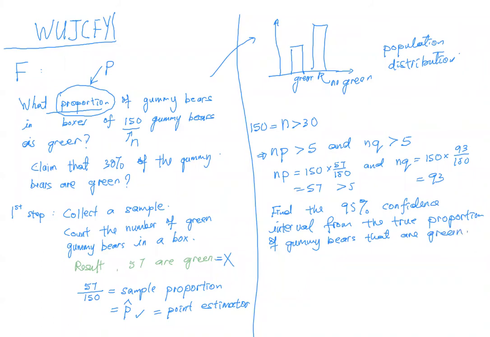We go to our calculator. I try not to give you the formula first, because the formula can be very confusing. So take out your graphic calculator, go to stat, go to test.